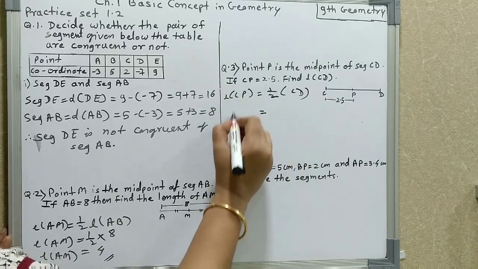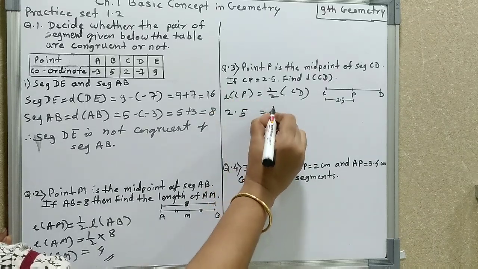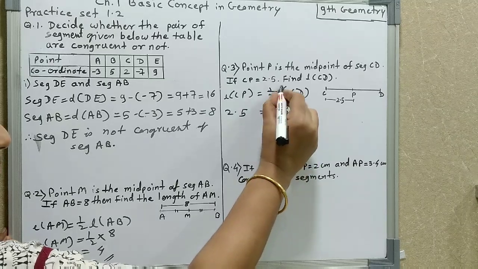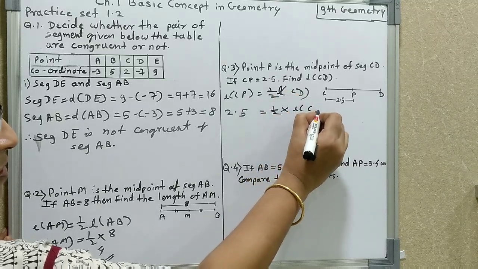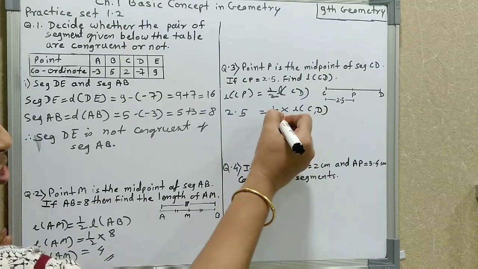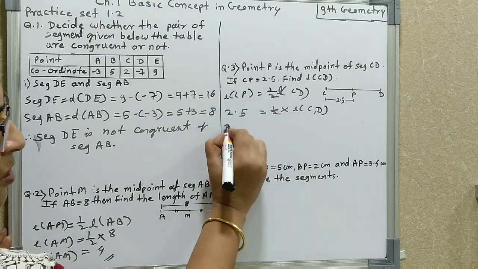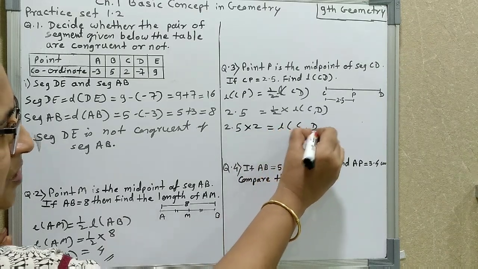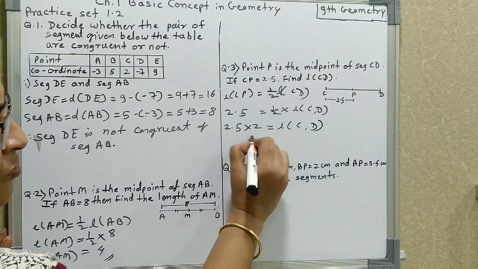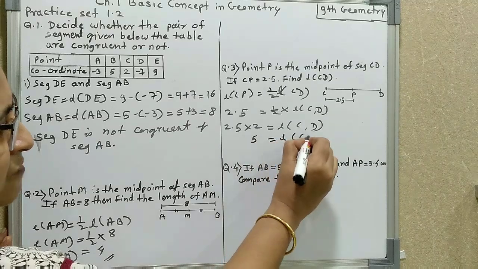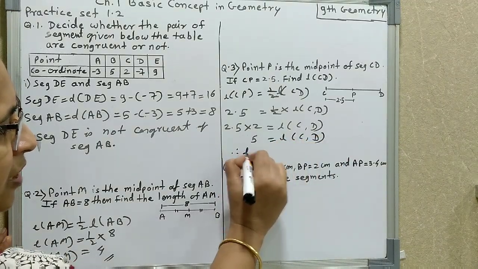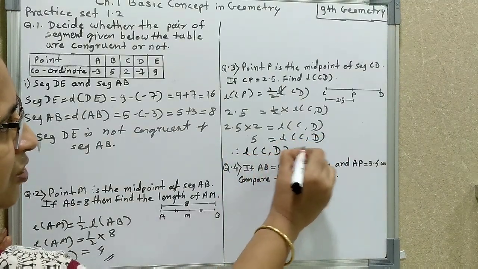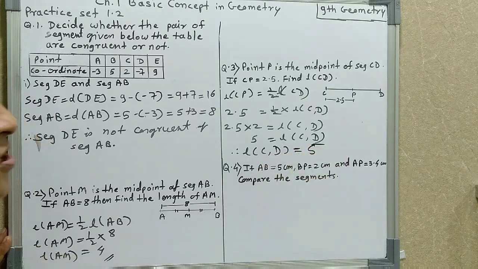Put here the value 2.5, half into length of CD. So 2 divides here, on that side multiply. So 2.5 into 2 is equal to length of CD. So 2.5 into 2 is 5. Therefore, length of CD is equal to 5. So this is question number 3.